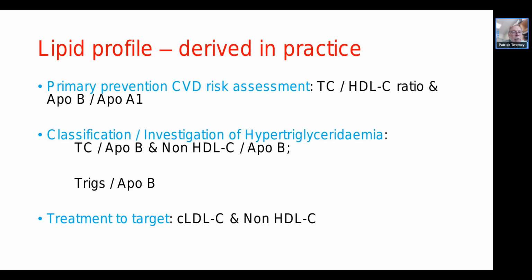And then you have calculated LDL cholesterol and non-HDL cholesterol in treatment to target. So if someone is being treated with a statin or other lipid-lowering agent, how well are they responding to that treatment? The NICE guidance in the UK is that you are expecting a 40% non-HDL cholesterol reduction.